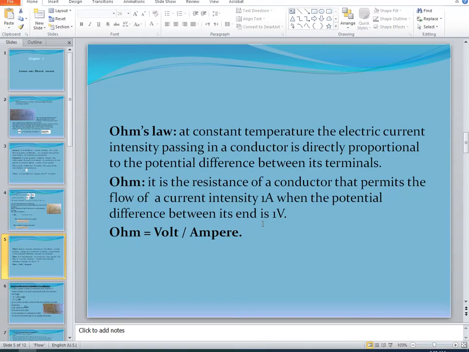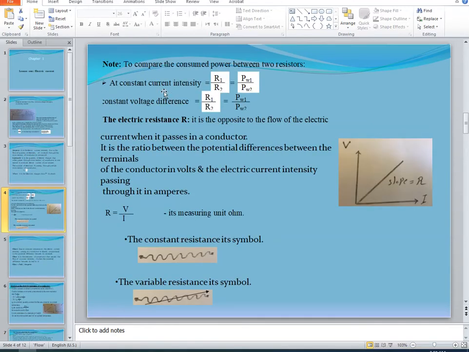Now I want to discuss something very important with you, which is how you can compare the consumed power between two resistors. I have here PW1 and PW2, and of course I have R1 and R2. The ratio between PW1 and PW2 will change depending on the way of connecting the resistors.